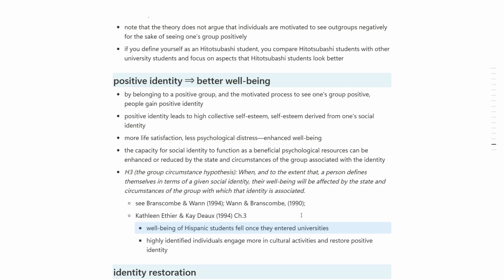And because of that, when Hispanic students entered a university in the United States, and then have to compare themselves with American students, they have to admit that their standing is not so high compared to other students.